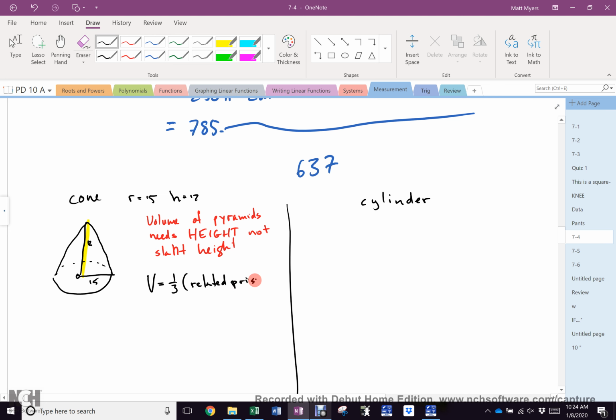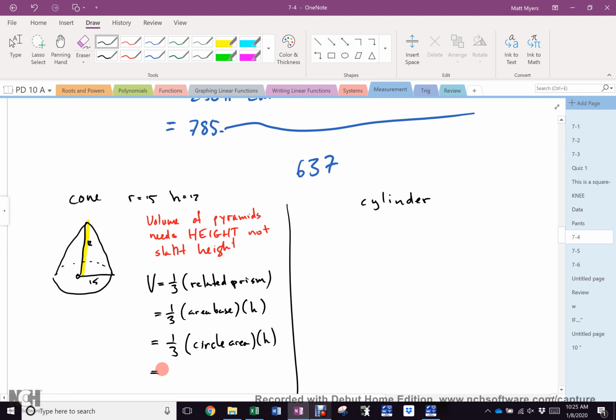Yes? So it's 1/3 of a prism, which is area of base times the height. 1/3. What is the base of a cone? A circle. So it's a circle area times the height.